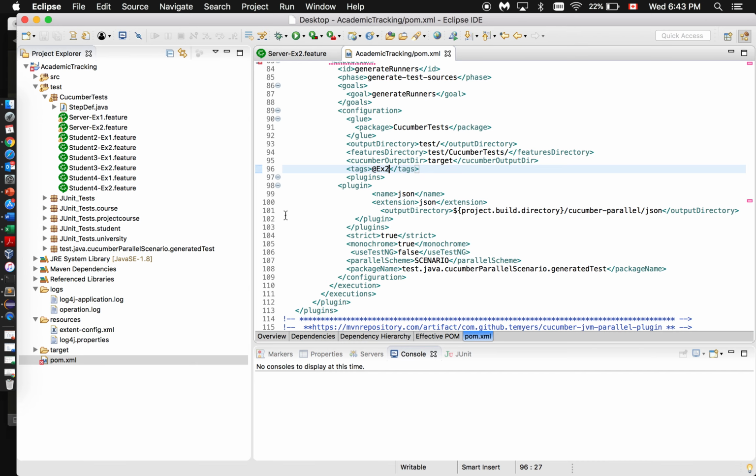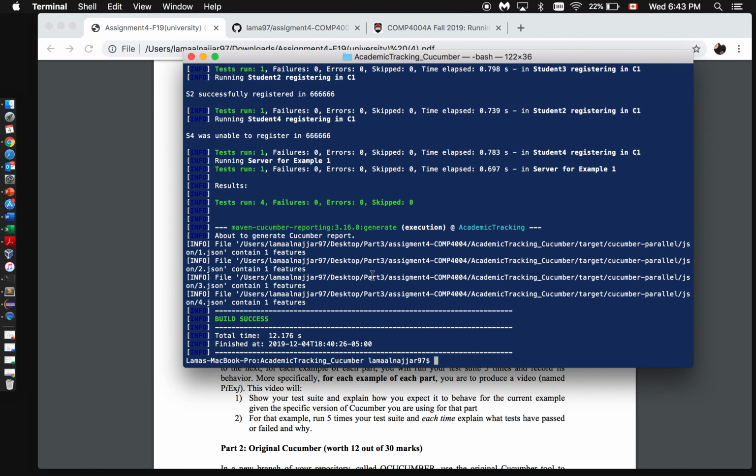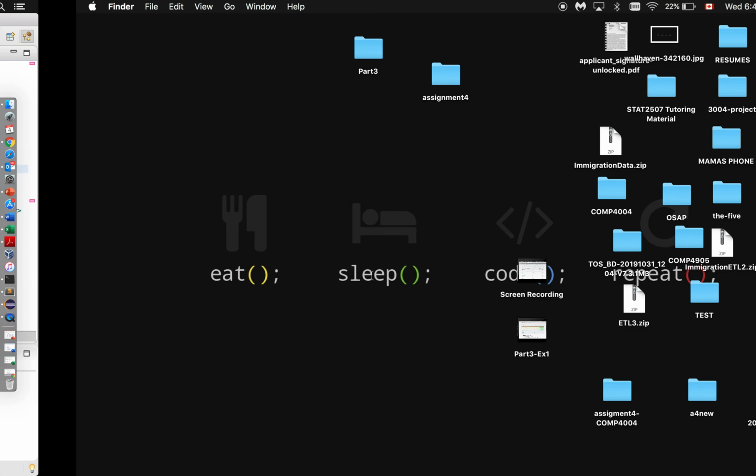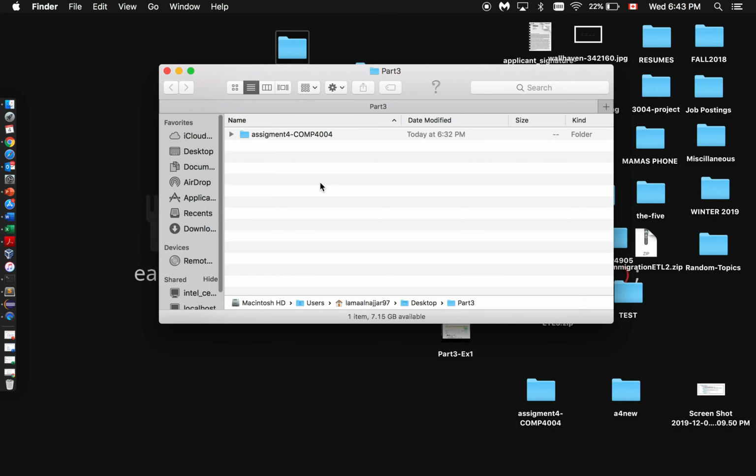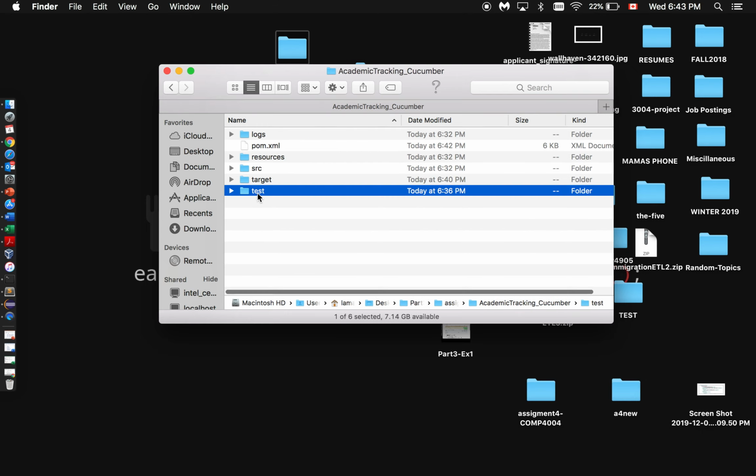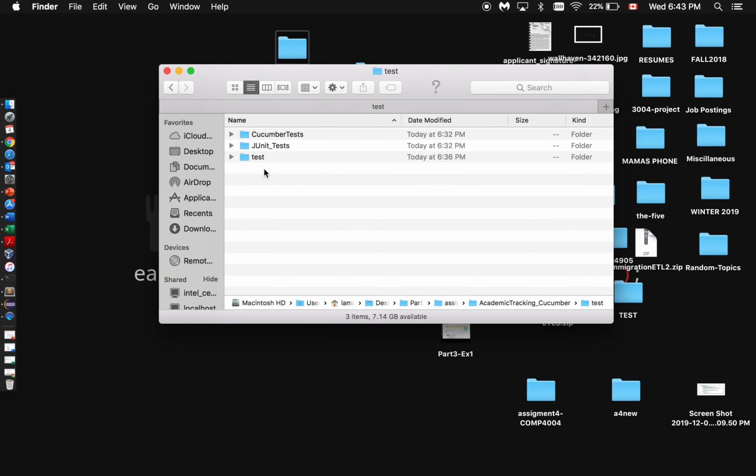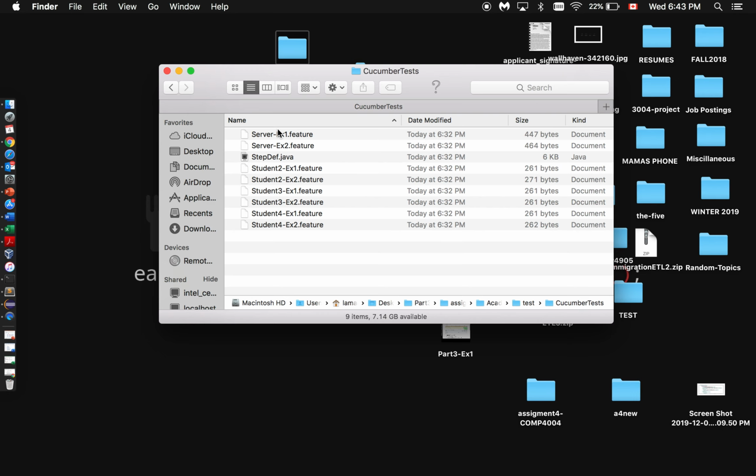What we're going to do is go into my terminal, and I'm just going to delete anything that has to do with the parallel plugins that we had from example 1. Okay, so I just deleted that.